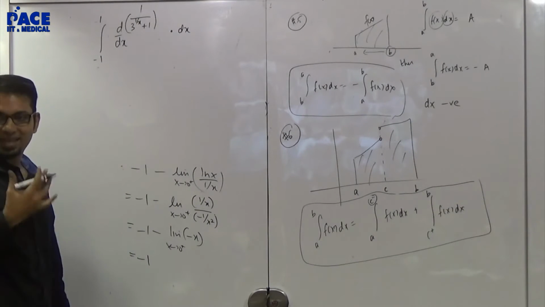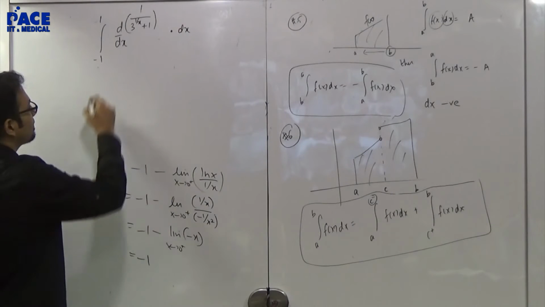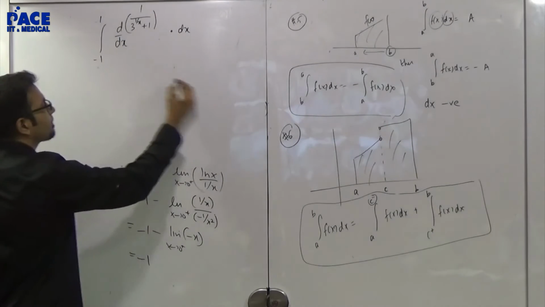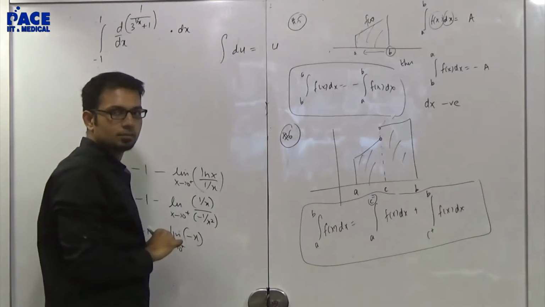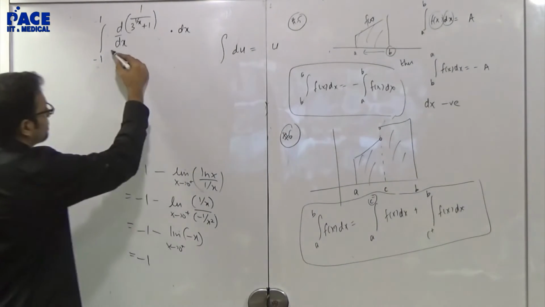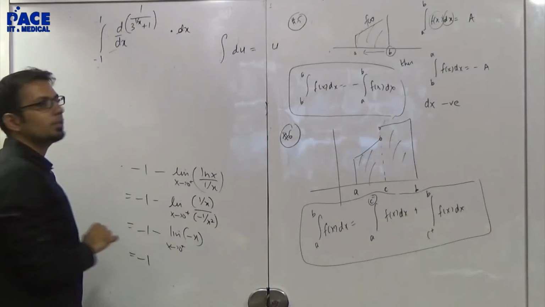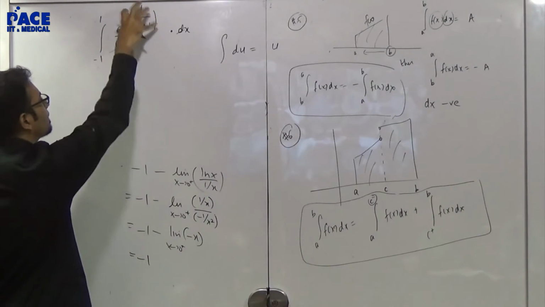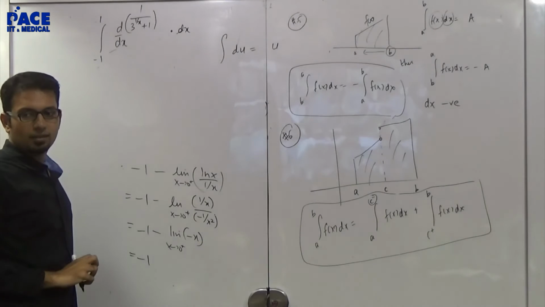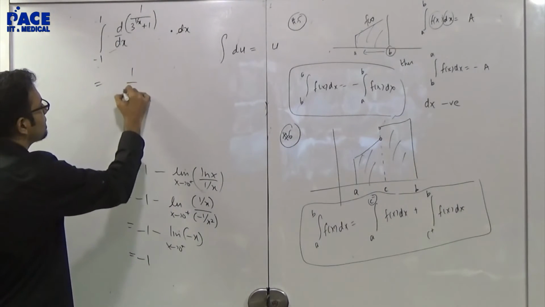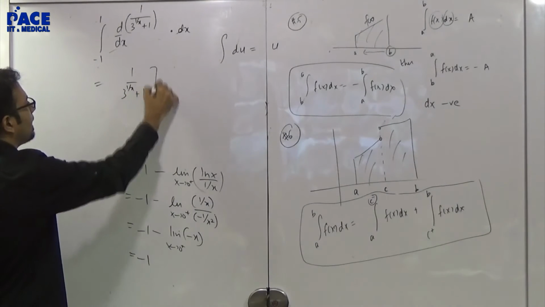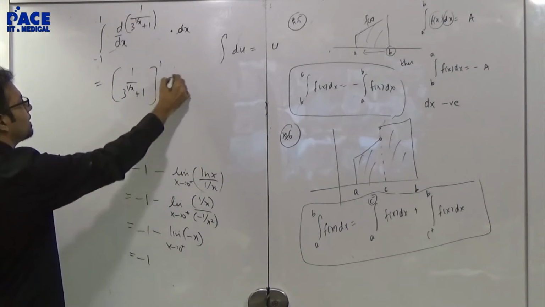Actually, you can do that. So it becomes, see, integral of du is u, right? So when you sort of take this out, it becomes integral of d of something, right? So integral du is what? U only. So what is the integral of this? And then you put the limits 1 and minus 1.